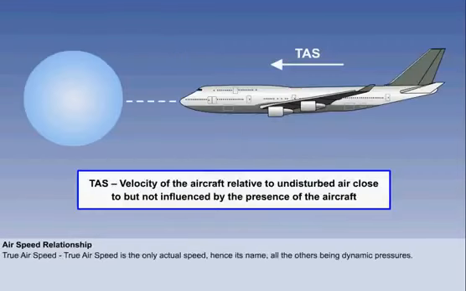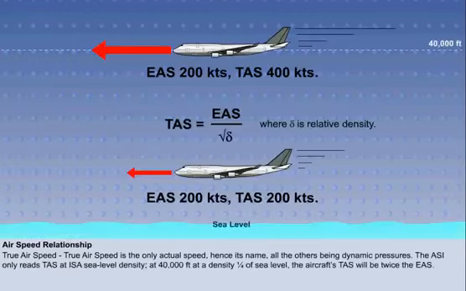True airspeed is the actual speed of the aircraft through the air, and is the only real speed of those considered so far, all the others being dynamic pressures. The ASI is merely a pressure gauge calibrated to read as speed. TAS is EAS divided by the square root of the relative density.